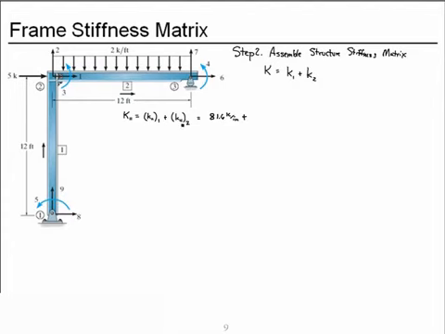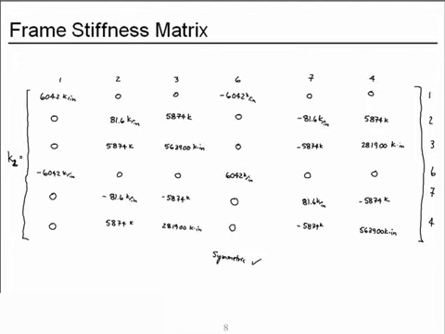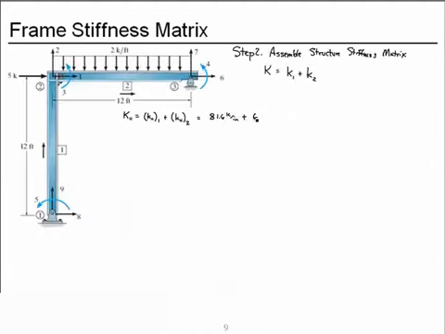And for member 2, degree of freedom 1 is this quantity. Put those two together and we get 61.24 kips per inch.